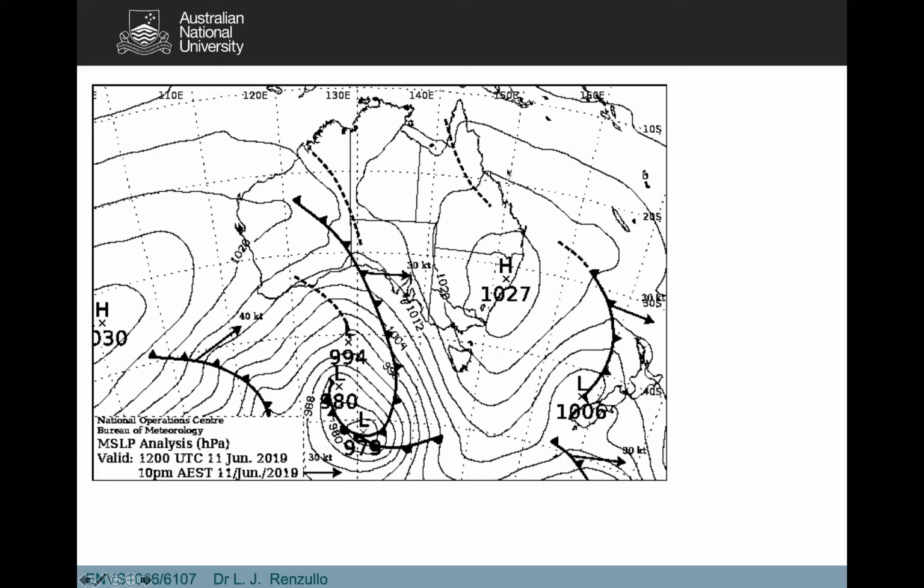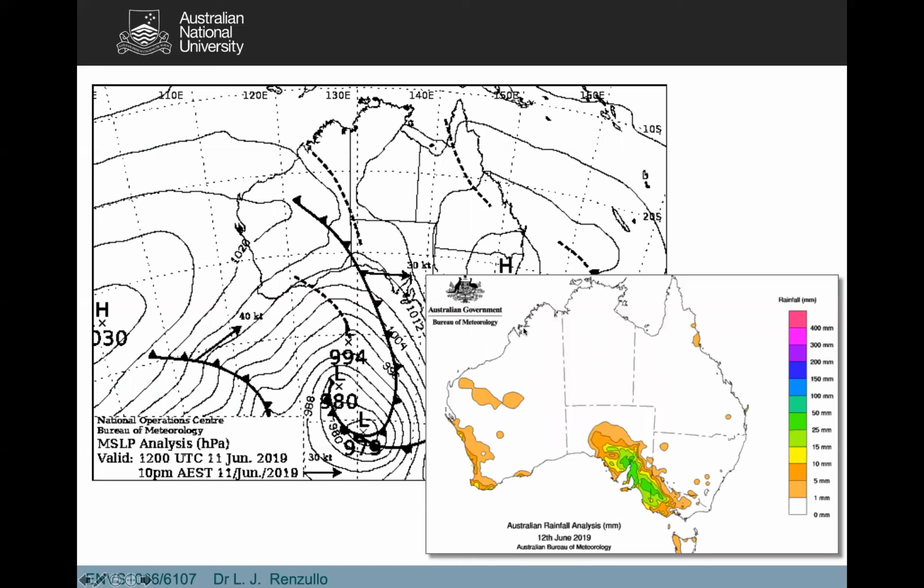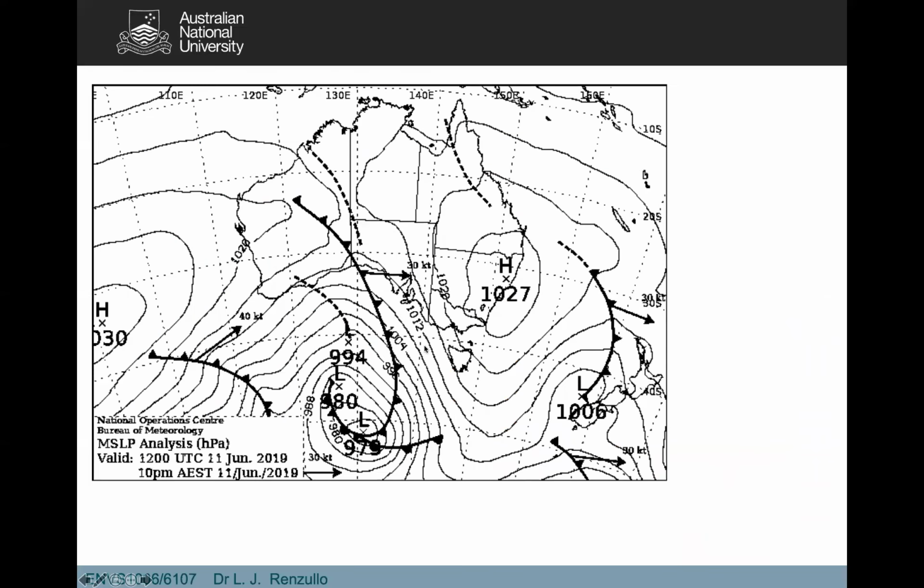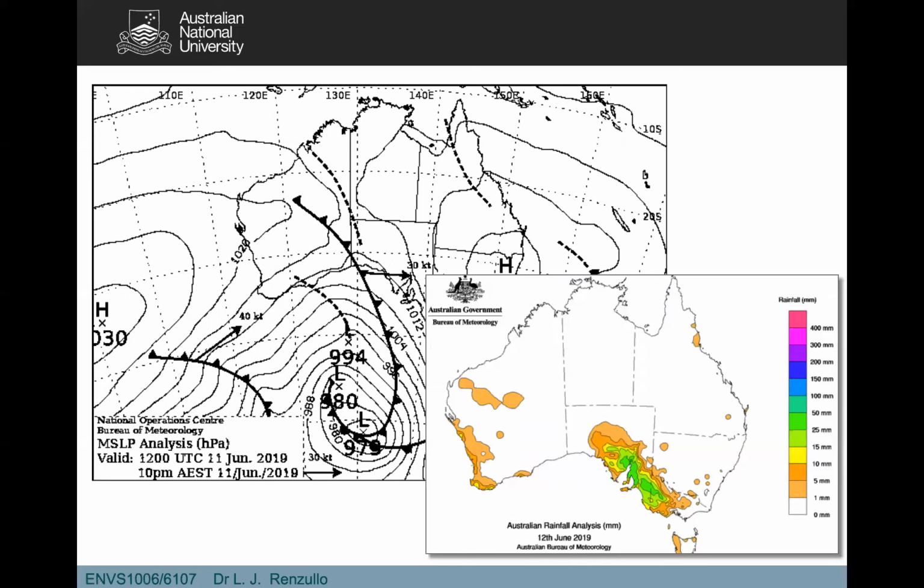Now this high pressure system, clockwise out of the high into the low, is dragging warm air down from the continent. So when we look at the rain that this cold front generated, sure enough, it's in that area. It looks like it was about to get hit here. So we match these things up retrospectively to see if it makes sense.